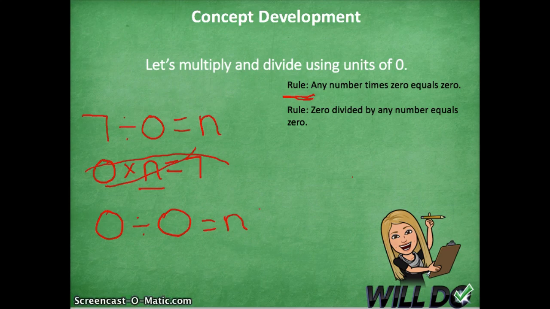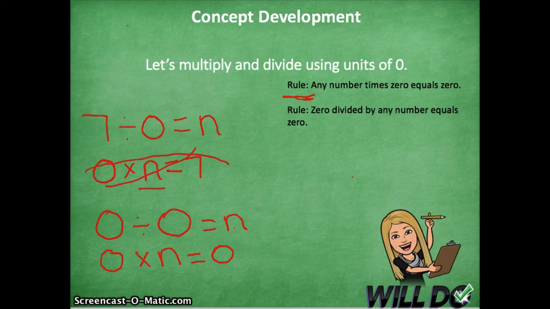What is the related multiplication fact? All right, so we have 0 times n equals 0. What does this equation represent?